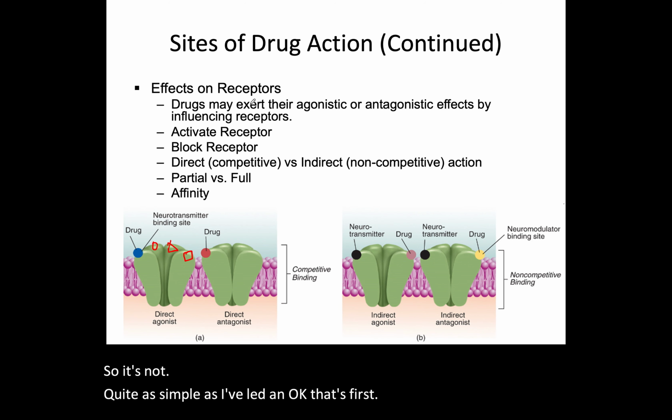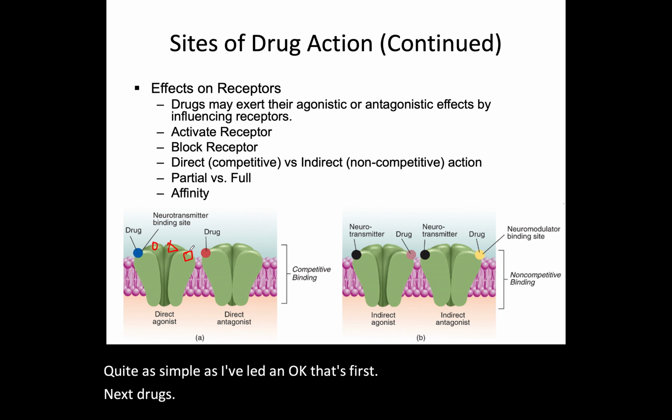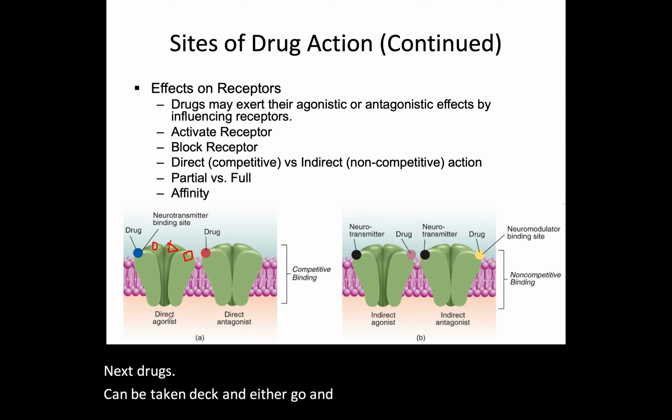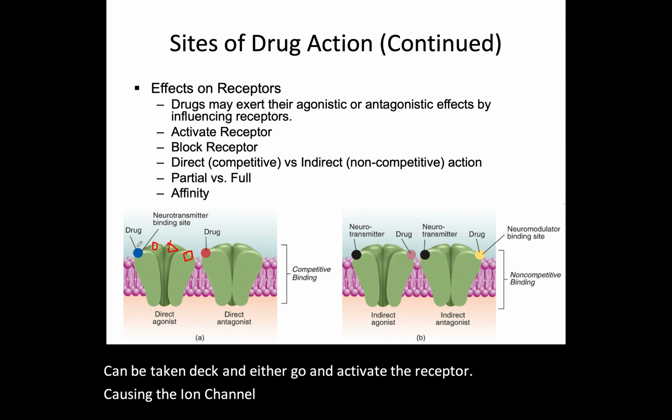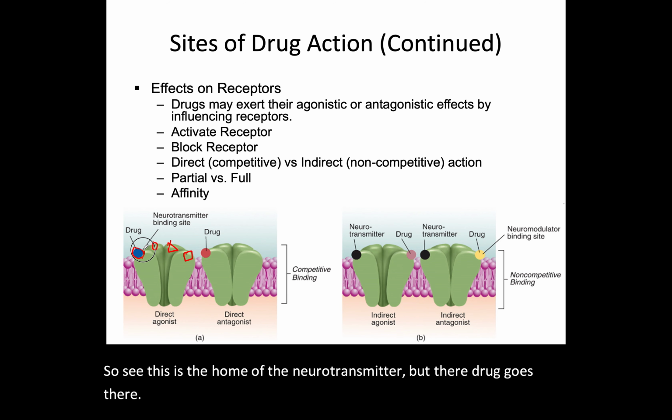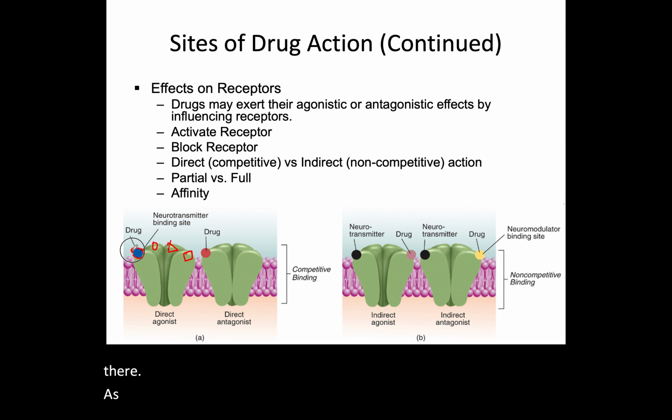Next, drugs can be taken that can either go and activate the receptor, causing the ion channel to open. So, see, this is the home of the neurotransmitter, but the drug goes there as an imposter, chemically similar enough to the neurotransmitter to activate that site.